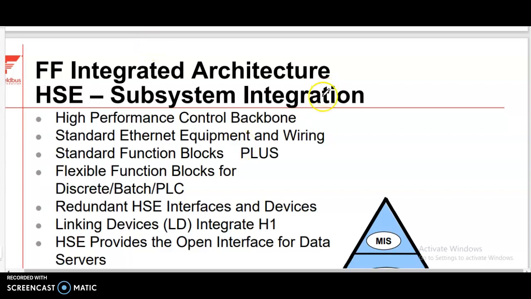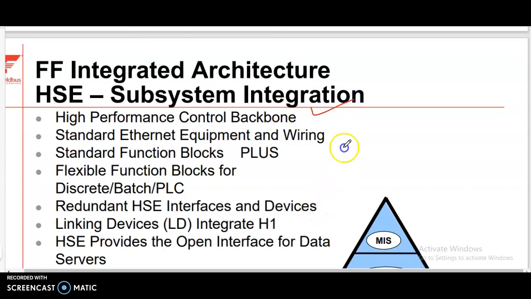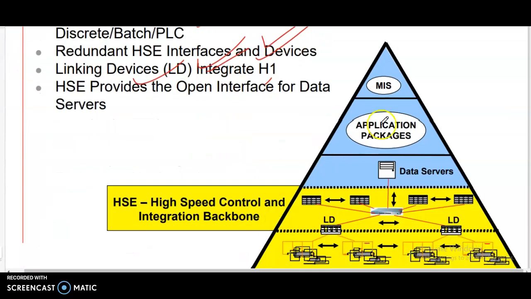High performance control backbone, standard Ethernet equipment and wiring, standard function blocks plus flexible function blocks for discrete, batch, PLC, redundant HSE interfaces and devices, linking devices LD integrated H1. HSE provides the open operation interface for data services.